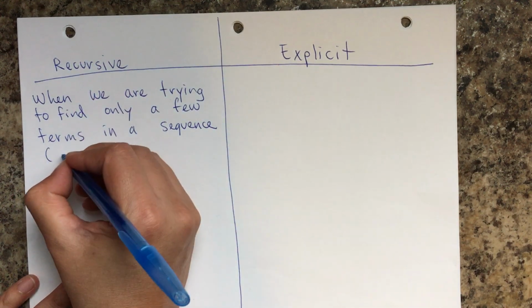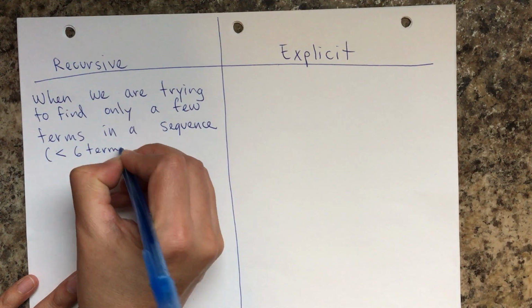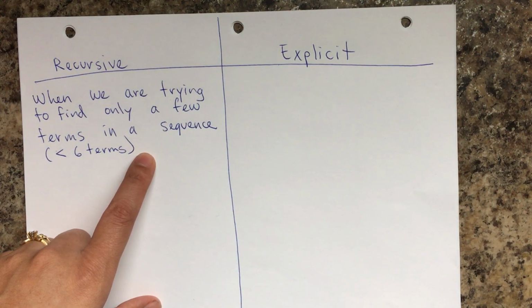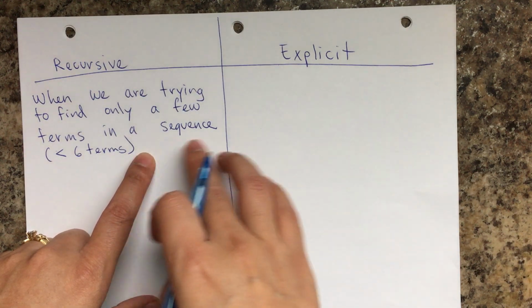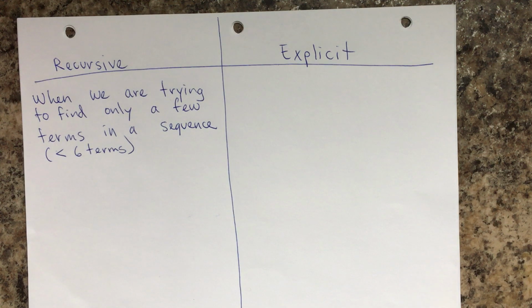And I would say that maybe even less than 6 terms, or maybe we can even go up to 8 terms. However, we don't want to use the recursive formula if we're going to have like 20 or 30 or even 100, or more if we're going to the thousands.